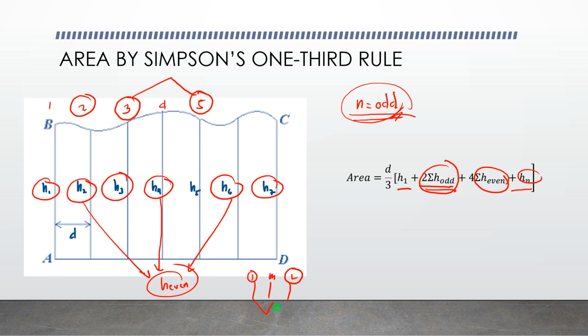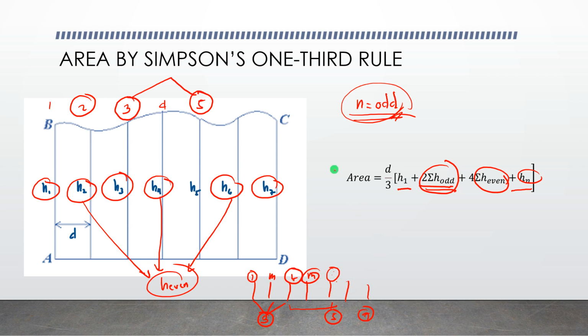Which means we need three stations, an odd number of stations. If we continue computing the areas, it always requires a midpoint or mid station between two stations. So the last station here is 5, and so on. If there are many stations, the needed number of stations should be an odd number.